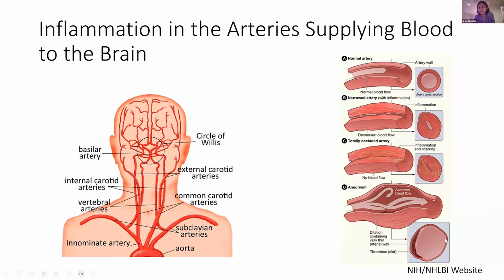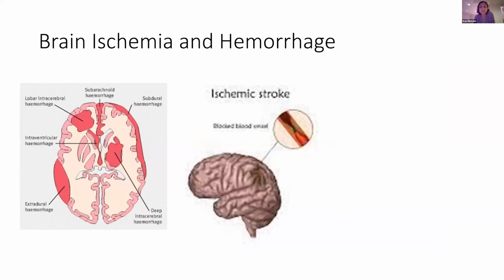This weakened wall becomes prone to rupture, and rupture of the blood vessel results in bleeding into the brain. So direct inflammation in the wall of the blood vessel supplying the brain can result in ischemic damage or bleeding, or hemorrhage, in the brain.